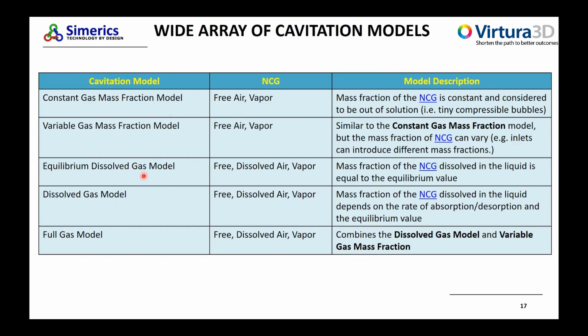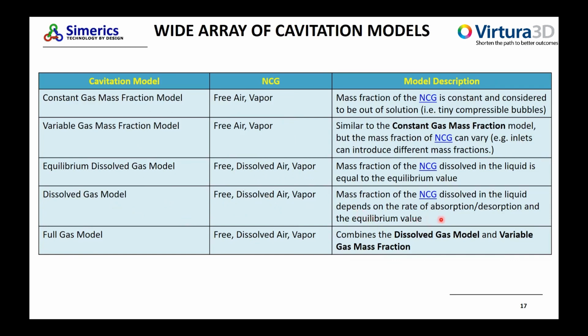For the equilibrium dissolved gas model, now we have an extra variable, which is the dissolved air. So we have the free air, the dissolved air, and the vapor along with the liquid model. Essentially, we assume that at equilibrium, there is a certain amount of free and a certain amount of dissolved air. And as the pressure changes, the equilibrium pressure changes, and that proportion will keep changing accordingly. For the dissolved gas model, we again have the three phases, the free and dissolved air and vapor, along with the liquid.